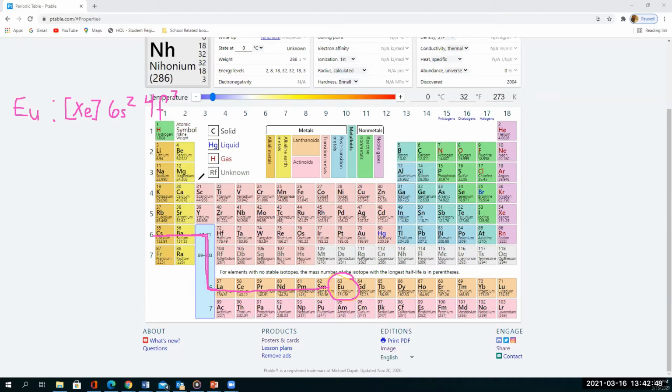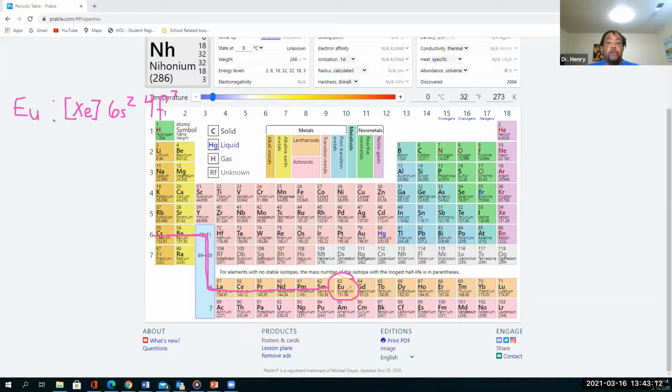You want to do one more? Wait, yes, real quick though. The 4f7, the 7 is just how many it takes to get over to that one, right? That's right. 1, 2, 3, 4, 5, 6, 7. So it's where it's located in that F subshell. It tells you how many electrons are in there.